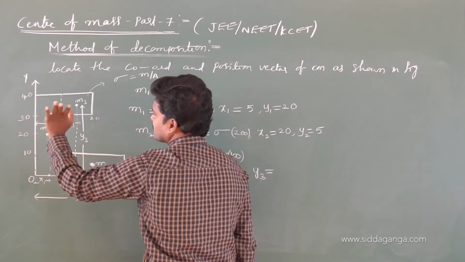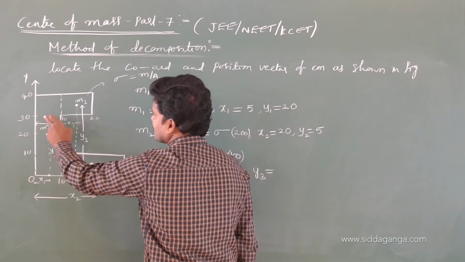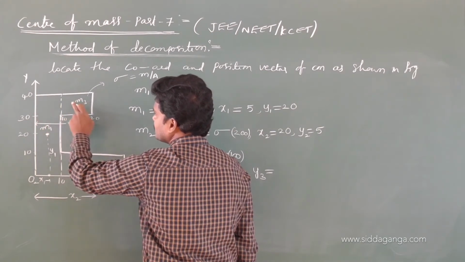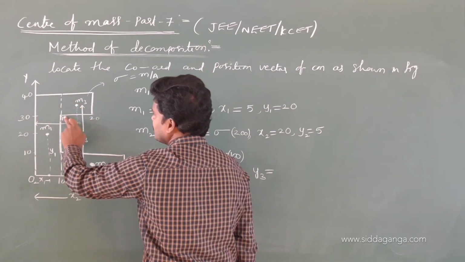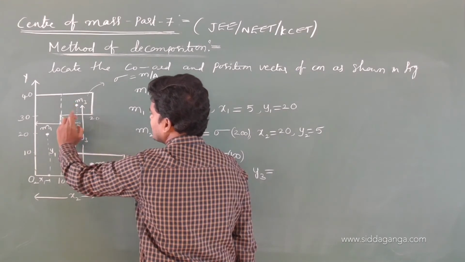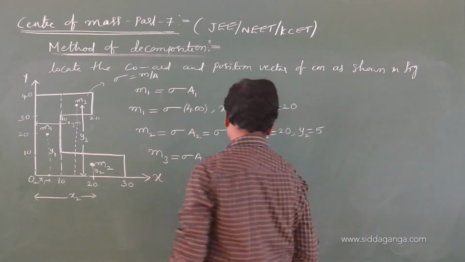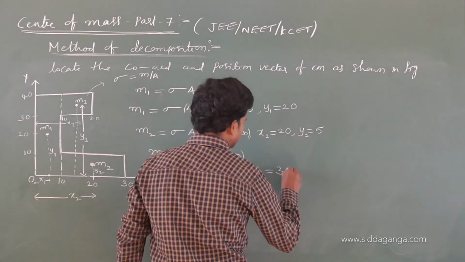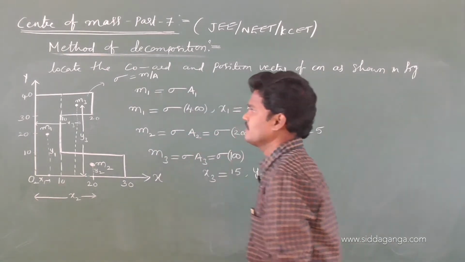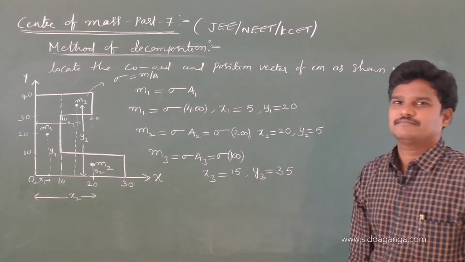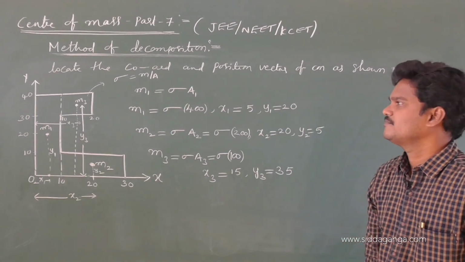Otherwise, the starting value for this piece is 30, ending value is 40. 30 plus 40 by 2, 70 by 2. How much is it now? 35. Observe carefully, directly we can expect 35.